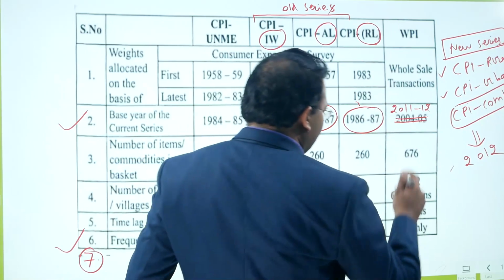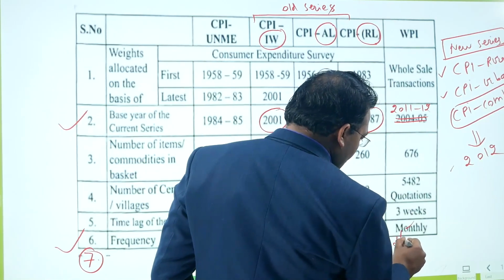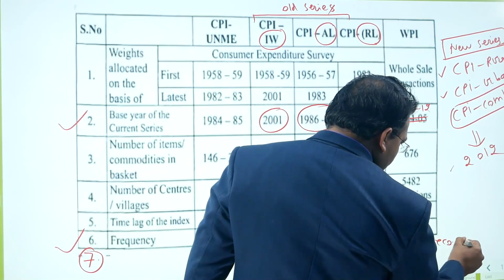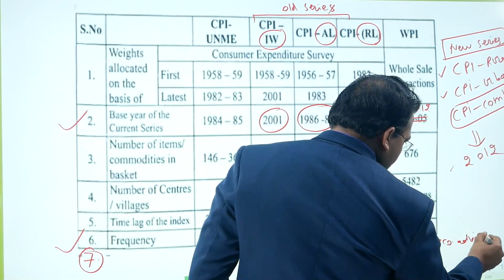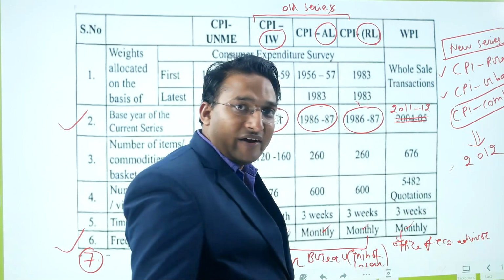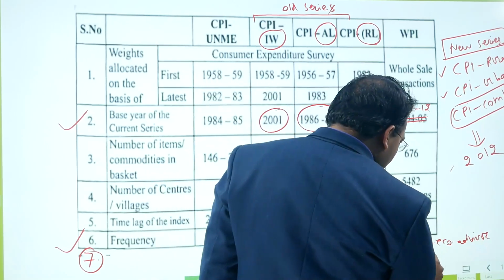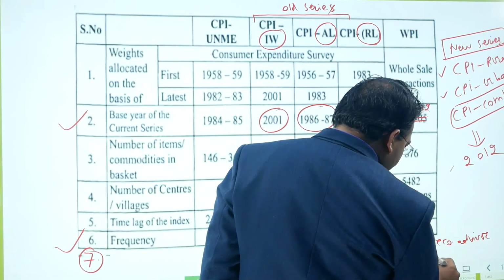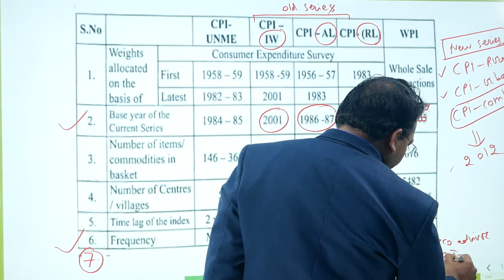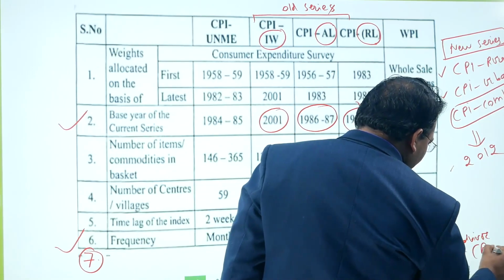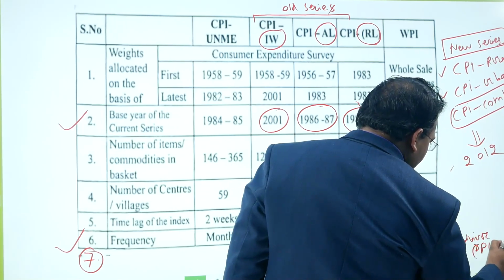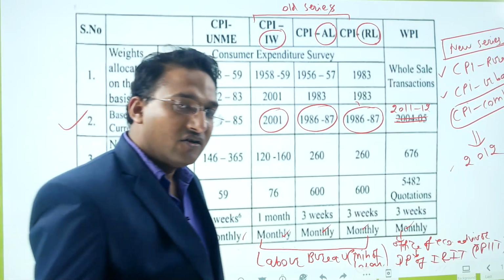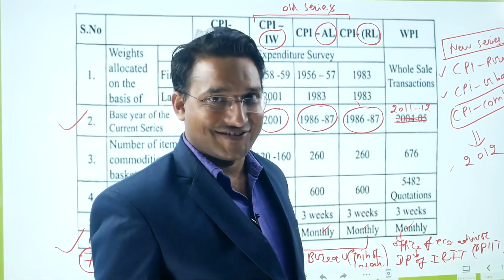This WPI is given by the Office of Economic Advisor, and this comes under the Department for Promotion of Industry and Internal Trade, also called DPIIT, which is under the Ministry of Commerce and Industry.